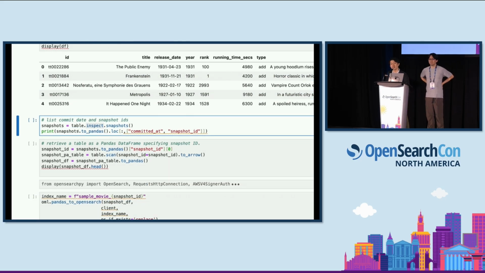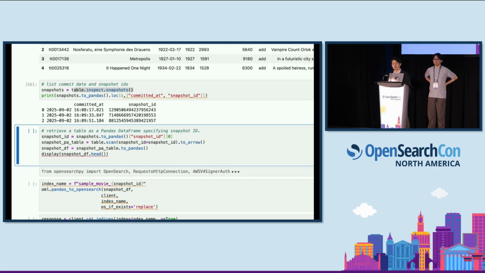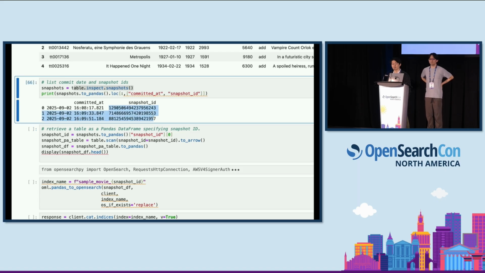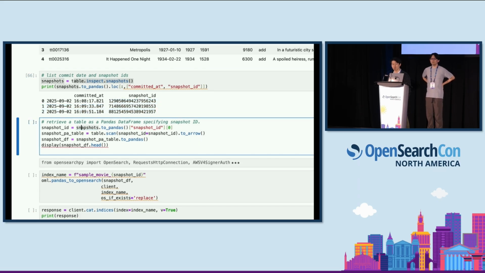Next, I'll query and represent the snapshots of this table. There are three snapshots in this table, and that means this table has been changed twice.